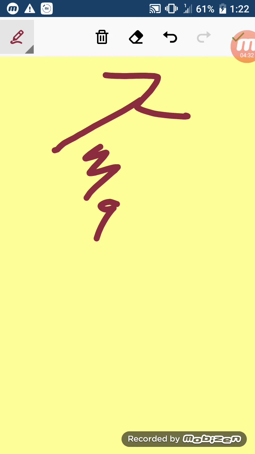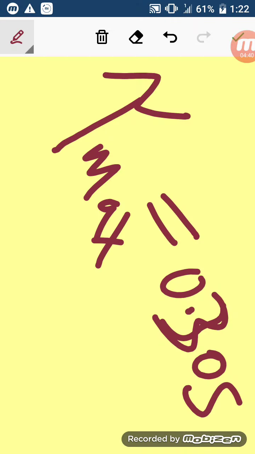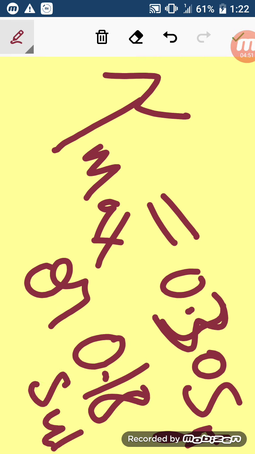In short, my tau max is equal to 0.30 SYT or 0.18 SUT, whichever is lower, when our shaft is without keyways.